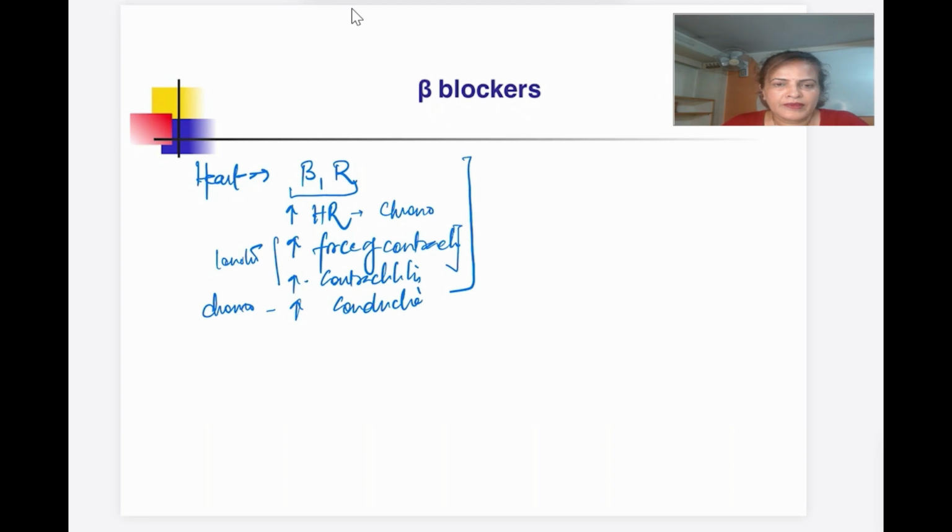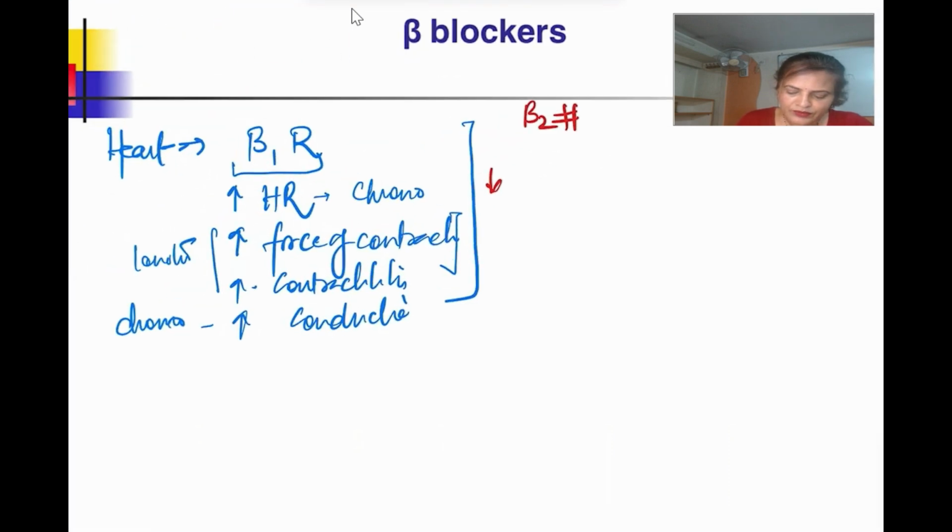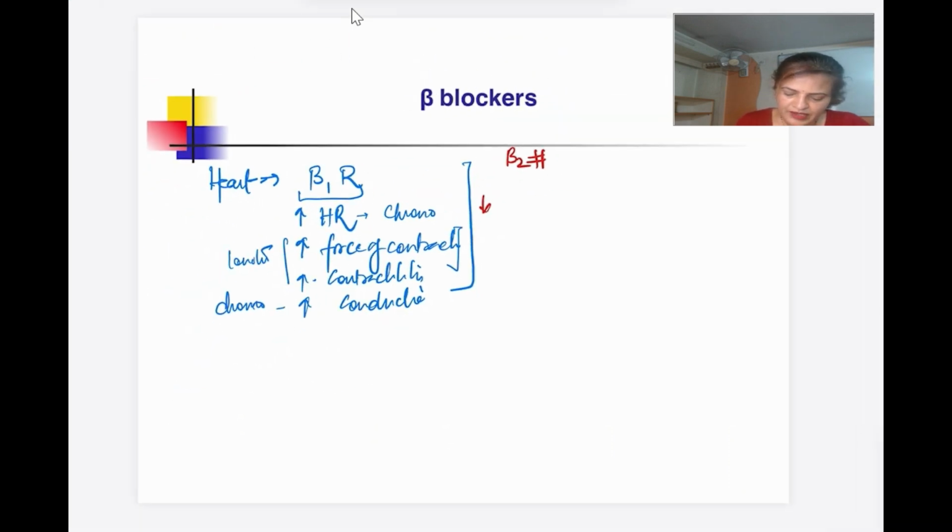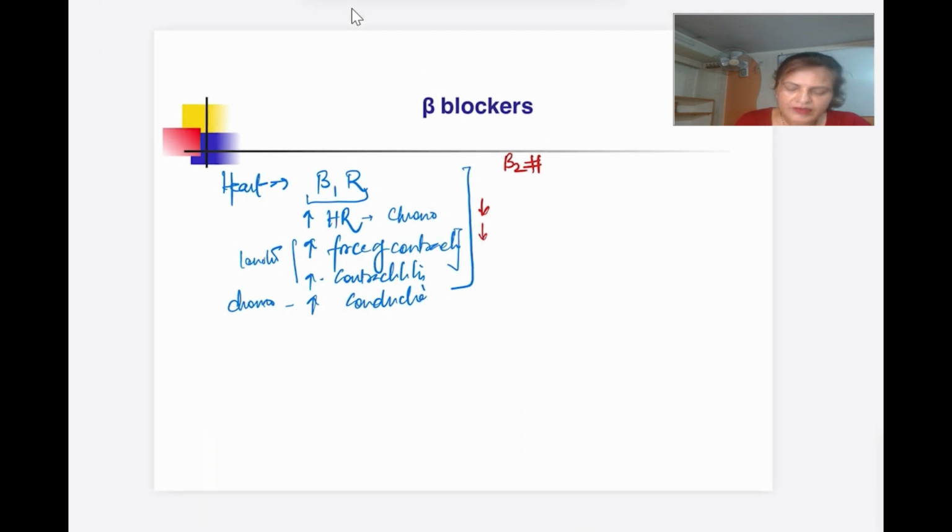Now if we use the beta blocker, they are going to reverse all these changes. They are going to decrease the heart rate, so a negative chronotropic effect, a negative inotropic effect, and a negative dromotropic effect will be there with the beta blocker.